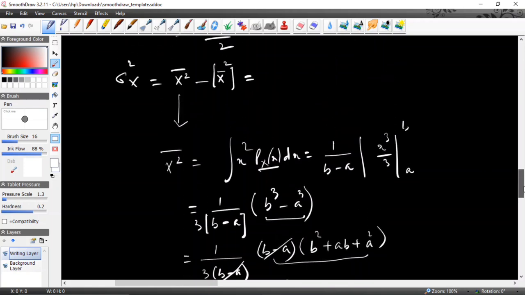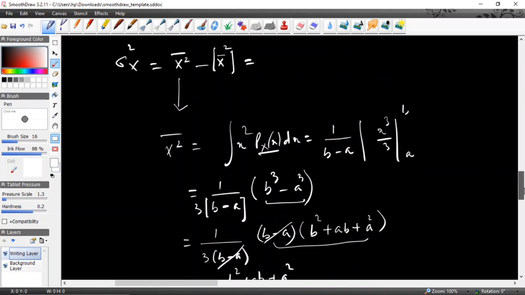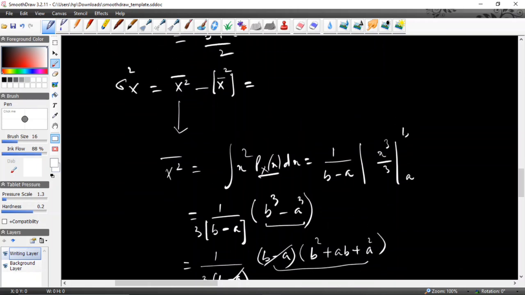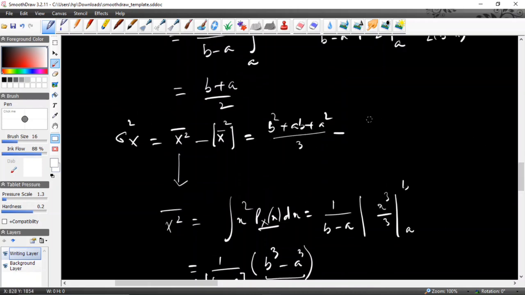And if you want to find the variance, then it is the mean square value minus the square of the mean. So this will become (b square plus ab plus a square) divided by 3, minus the square of the mean, which will become (b plus a) whole square by 4.